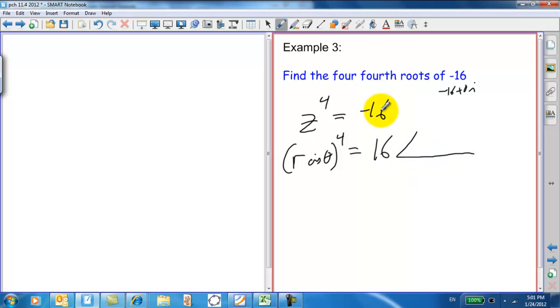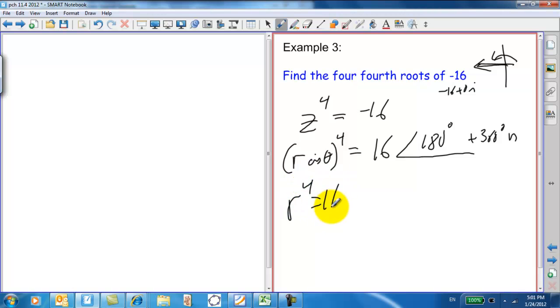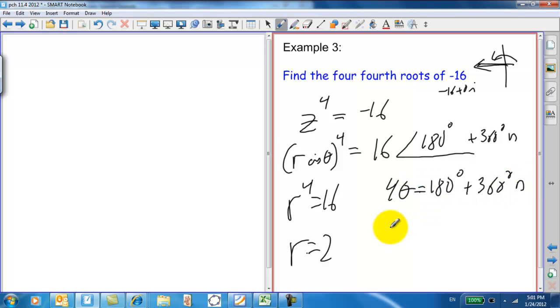Come on. You're backing up this way, so it's 180 degrees plus 360 degrees times n. So r to the 4th equals 16. We get r equals 2. And 4 theta equals 180 degrees plus 360 degrees times n. So theta equals 45 degrees plus 90 degrees times n.